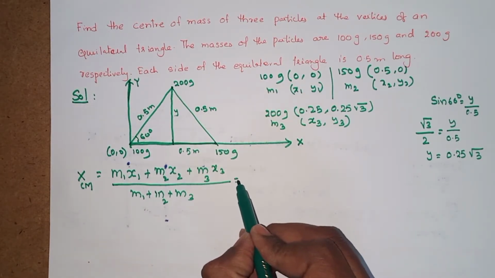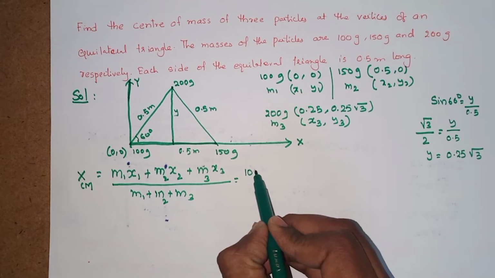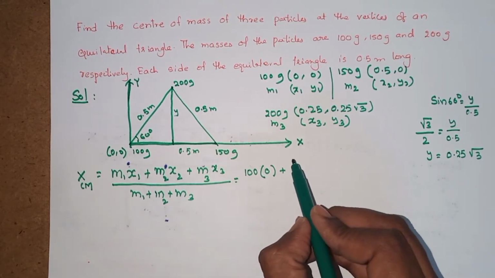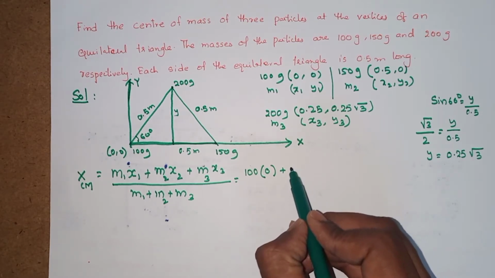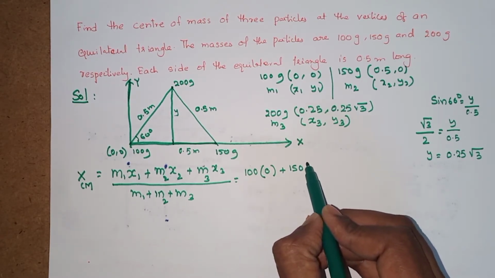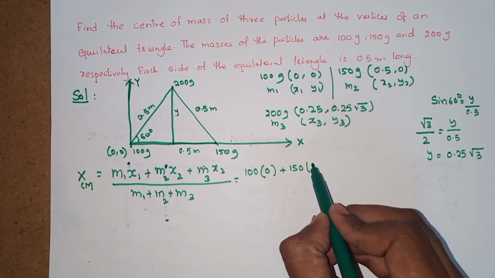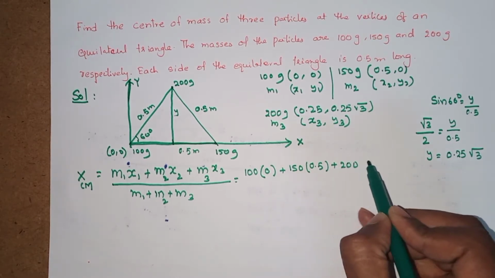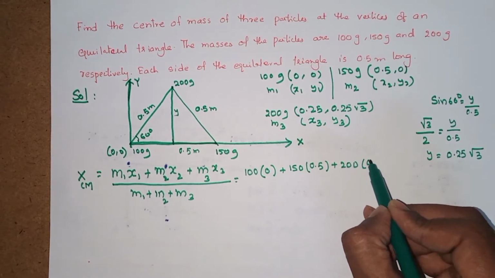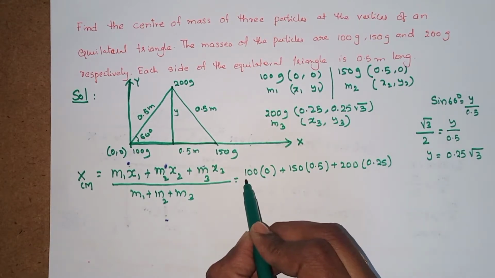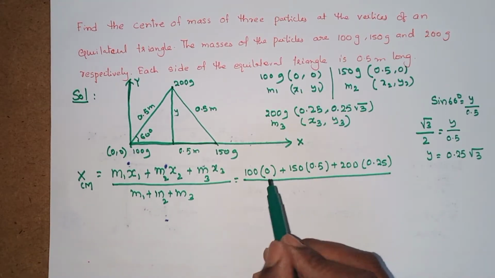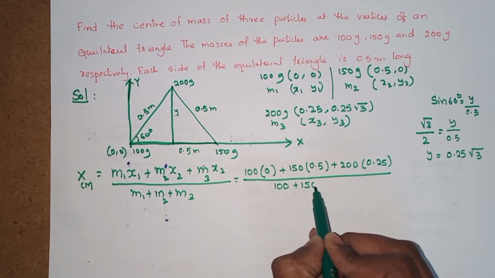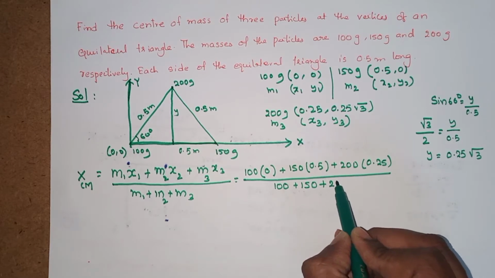Substituting: M1 is 100 grams with x1 0, M2 is 150 grams with x2 0.5, M3 is 200 grams with x3 0.25, divided by 100 plus 150 plus 200 grams.